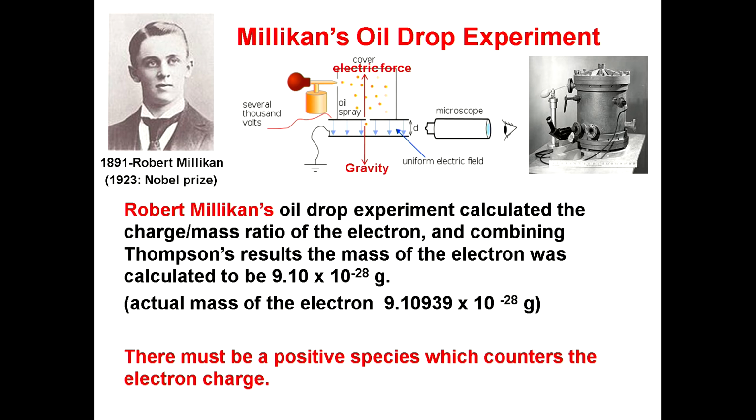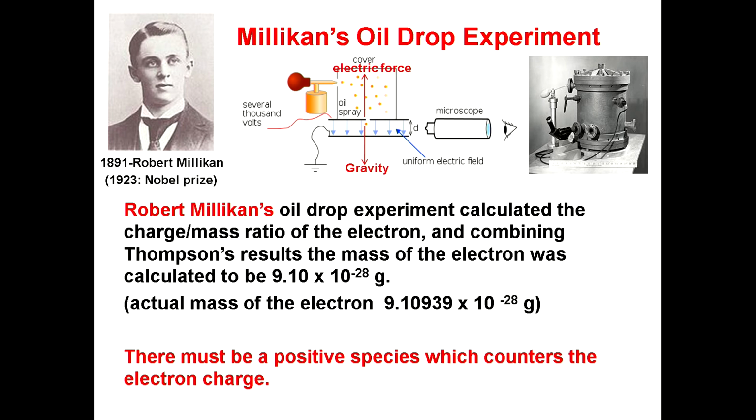And using this experiment, he found the mass of the electron was 9.1 times 10 to the power of minus 28. So it's very close. Now, using more modern equipment, we know the actual mass of an electron is at this level. We can see this number is very close, right?